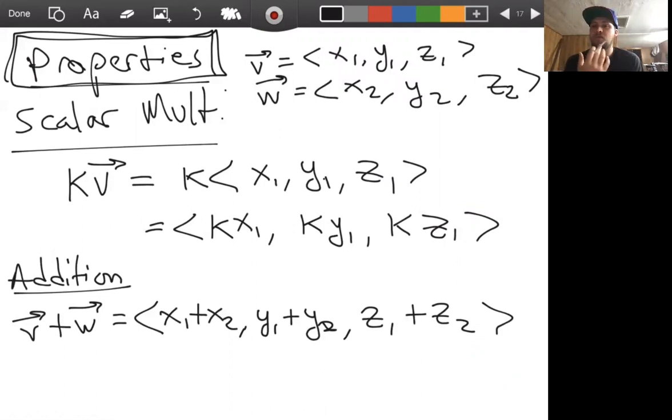Like take one vector times another vector, if we have that notion. And in fact, we have multiple notions of vector multiplication. There's the so-called dot product and the so-called cross product. And in the next lecture, we'll be taking an in-depth look at both products and a lot of their properties and applications.